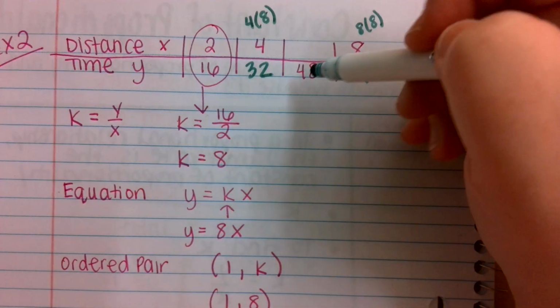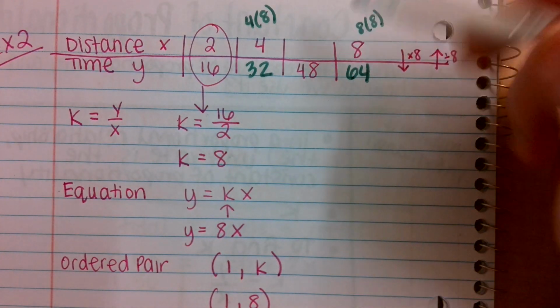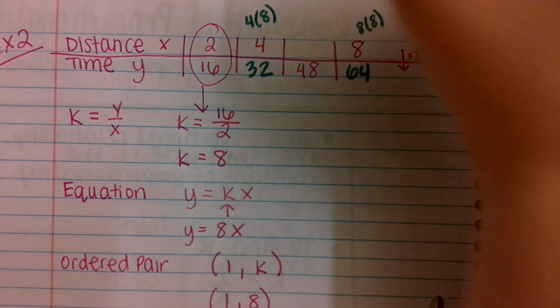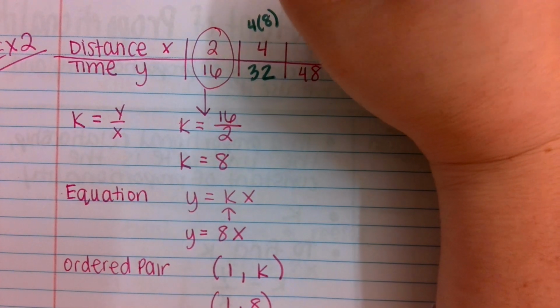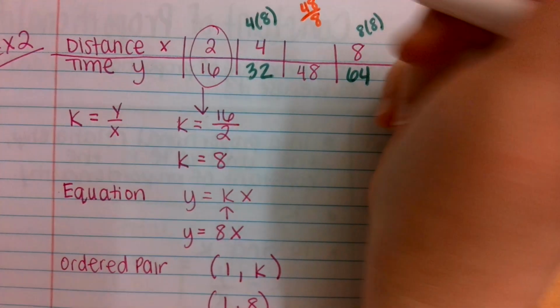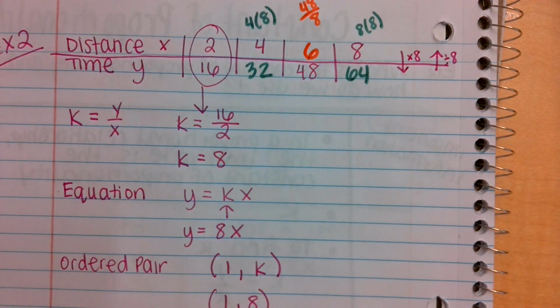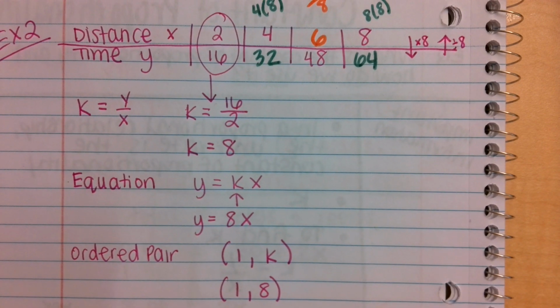Next one, I'm going upward, so I'm dividing by 8. Let's use a different color. 48 divided by 8 is 6. And now my problem is complete. There's going to be a part 2 that goes along with your worksheet for today.